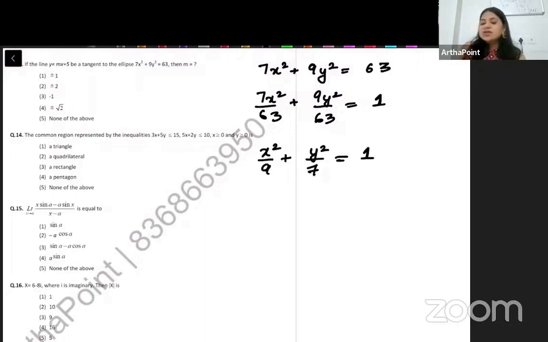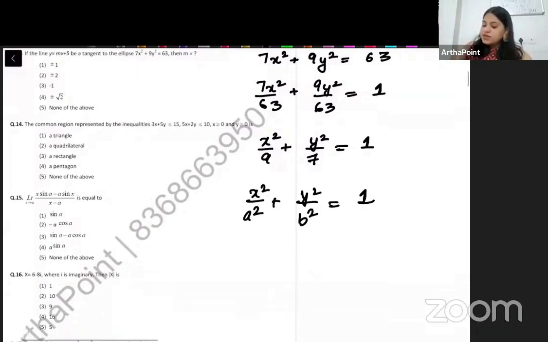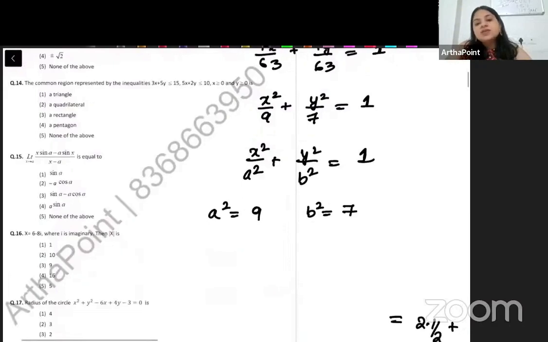This is the equation of an ellipse. The equation of ellipse is x square by a square plus y square by b square is equal to 1. So from here I have got that a square is 9 and b square is 7.